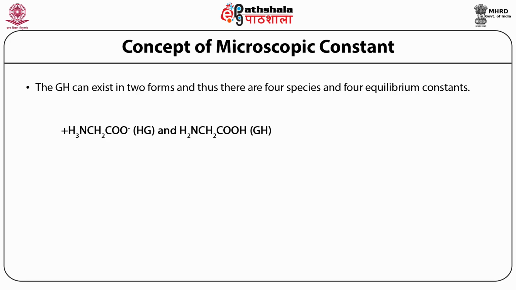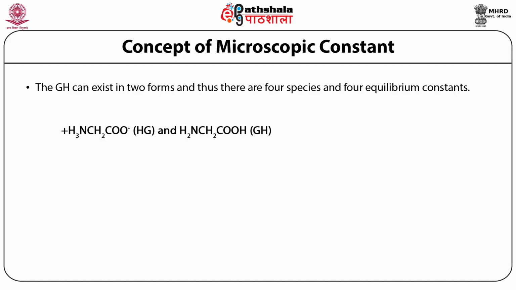In one, H has been taken out from the carboxylic side, so it has a negative charge, and that is compensated by one H+ at the NH2 end. This we call the Hg form of glycine. The second titrable proton can be from the NH2 side, and when that is dissociated we get the GH form, that is NH2CH2COOH, and that is what we call GH.